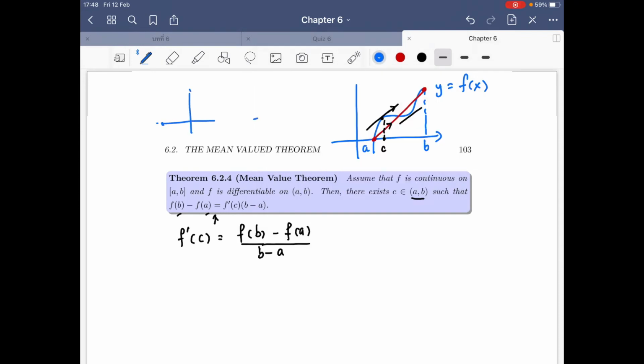Of course, as we told you from the Rolle theorem, we have this kind of curve instead. At a and b they are the same value, which are 0.